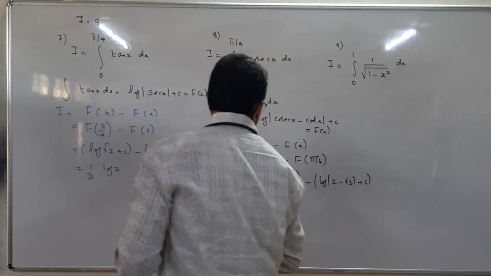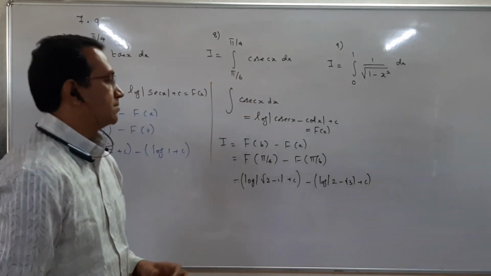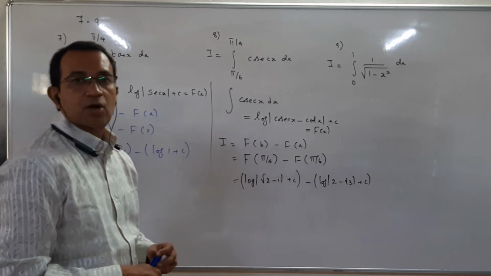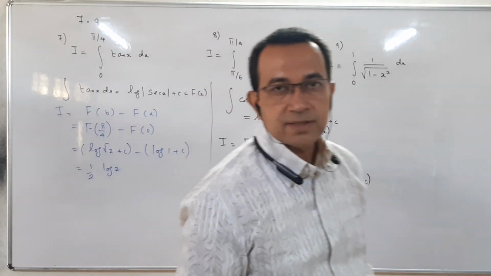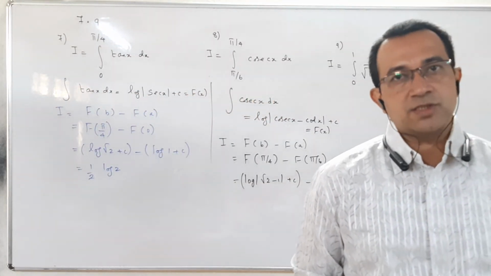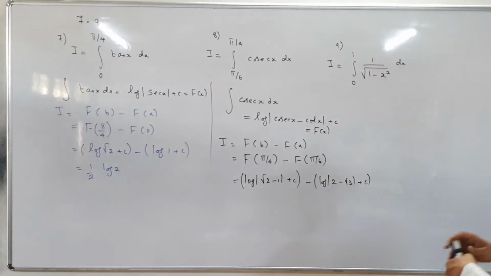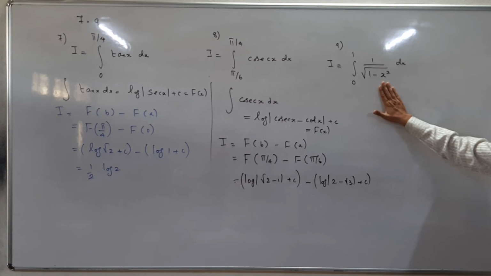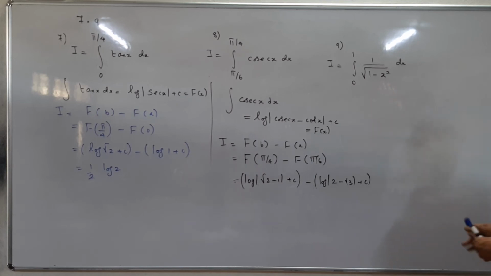Cot pi by 6 is, you can say, root 3. Log A minus log B, you can take it as log of A by B and simplify and get the answer, students.